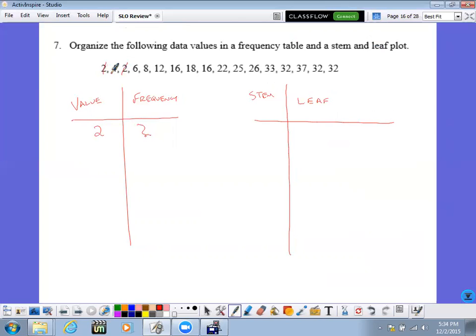The next number I see is a 4, happens 1 time. A 6 happens 1 time. An 8 happens 1 time.